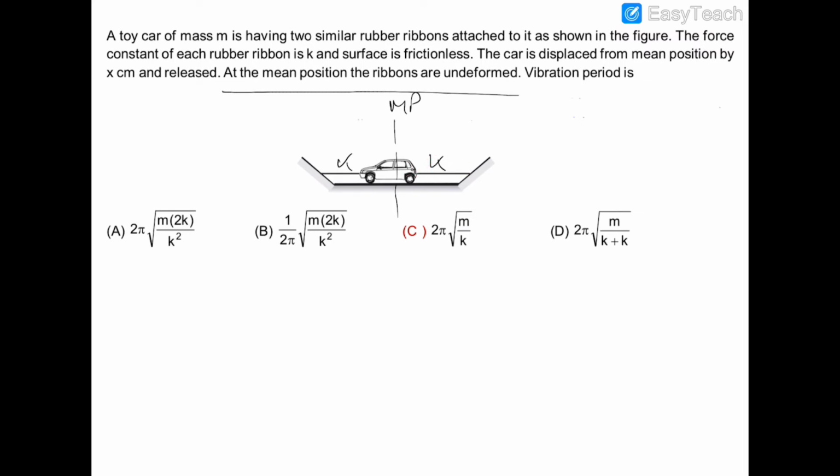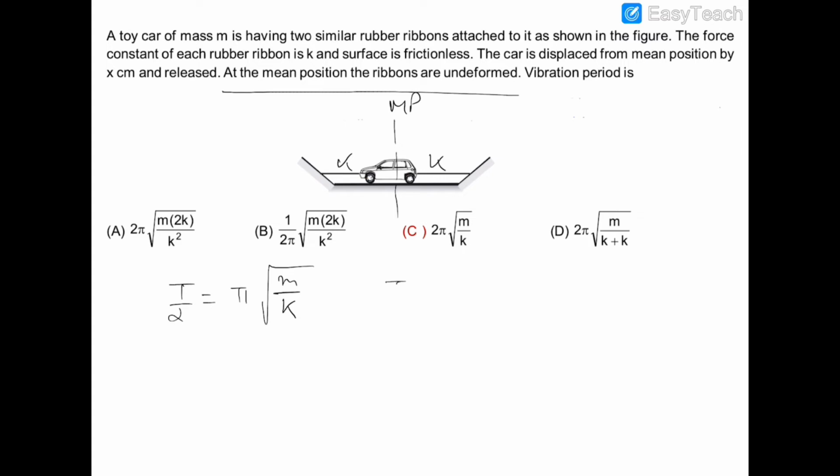So the half time period of SHM would be pi under root m by k. And when this car moves backward, then this elastic rope would be slack. Therefore, there will be no role of this rope in the SHM of the car.